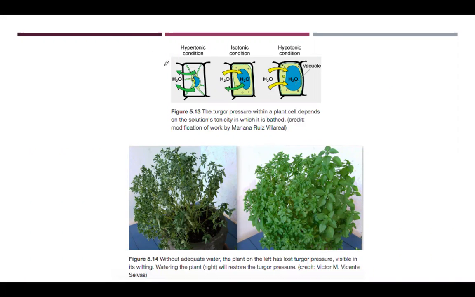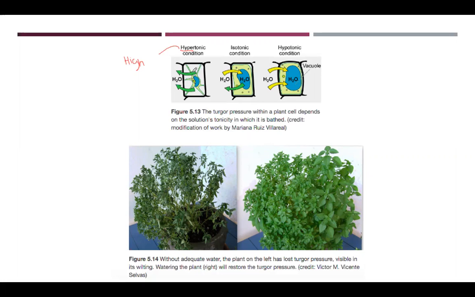Here we're looking at tonicity. So with the 3 different environments they could be in, they could have a hypertonic, breaking down the word, hyper meaning high or too much. So this is when the extracellular solutes, or the outside of the cell, are at a higher concentration than the inside.